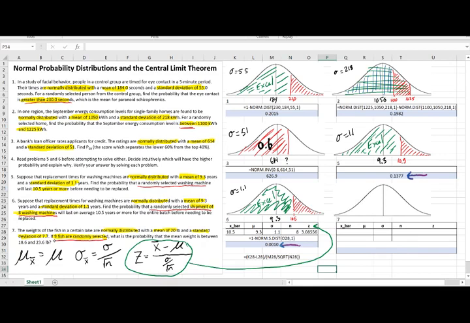We're not talking about a single randomly selected object, in this case fish. We're talking about the average of a sample of values. Okay, so what is the probability that the mean weight is between 18.6 and 23.6?